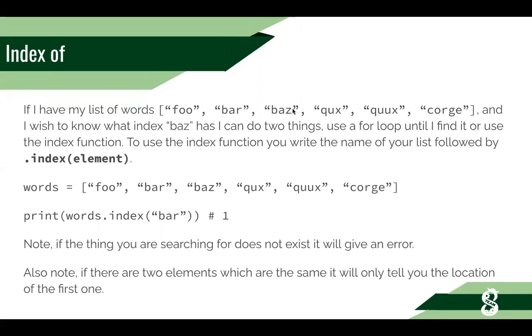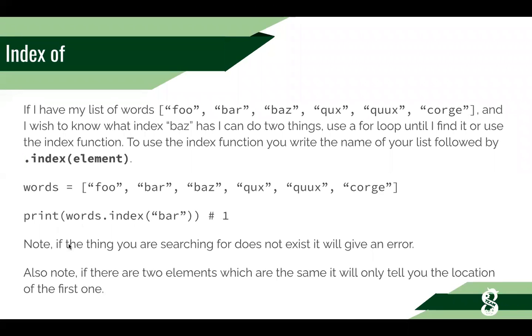That's pretty inefficient. That's slow. That takes time to type. Or you can just use dot index. So here is the example for bar. Words is equal to that, and then print words dot index bar.